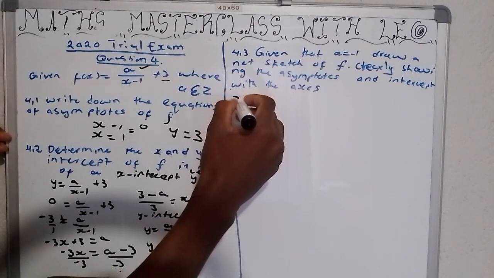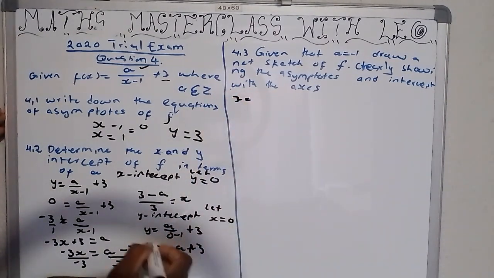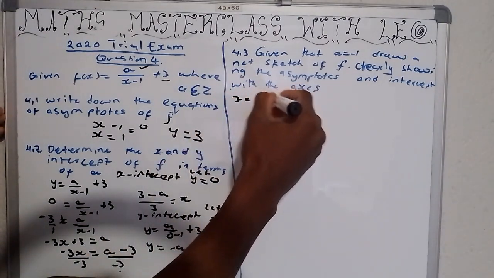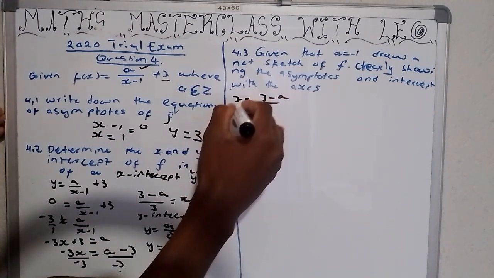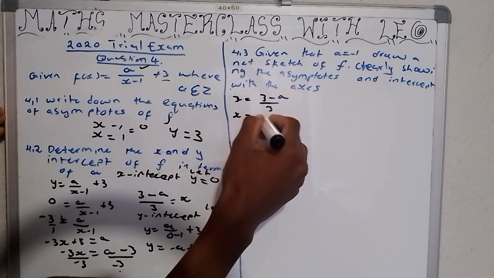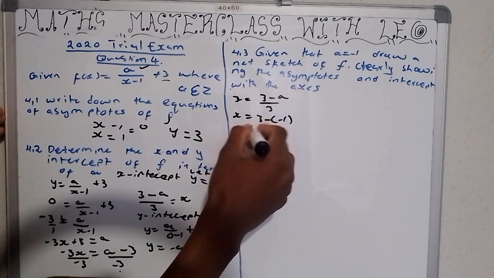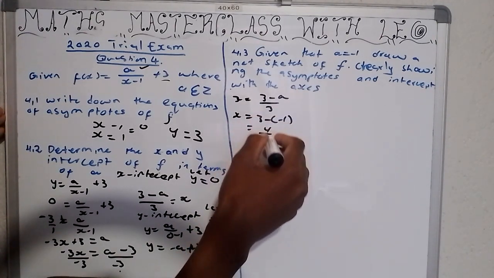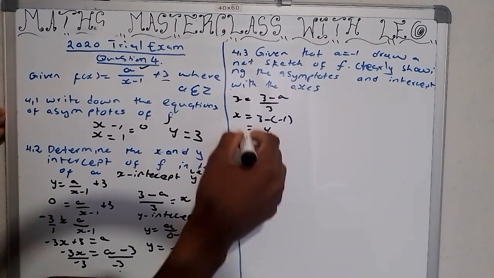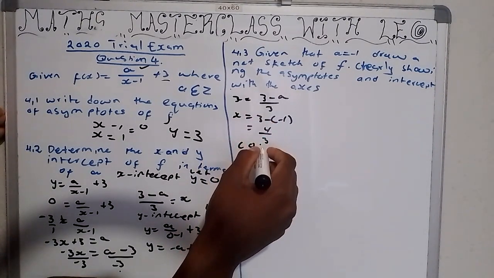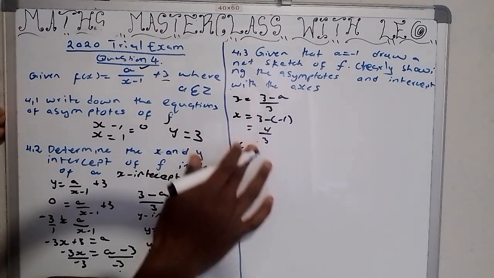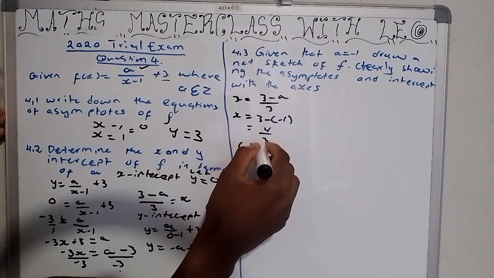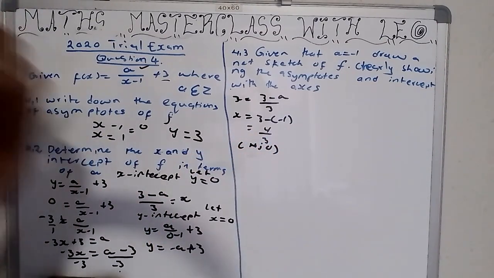Originally, my x is 3 minus a over 3, right? I can just say x is equal to 3 minus negative 1 over 3. Then this will give me 4 over 3. Then the coordinates of the x-intercept are 4 over 3, 0. Those are the coordinates of the x-intercept.